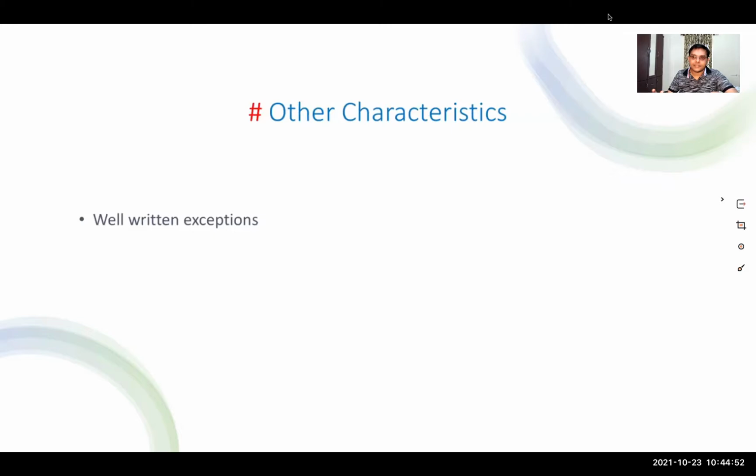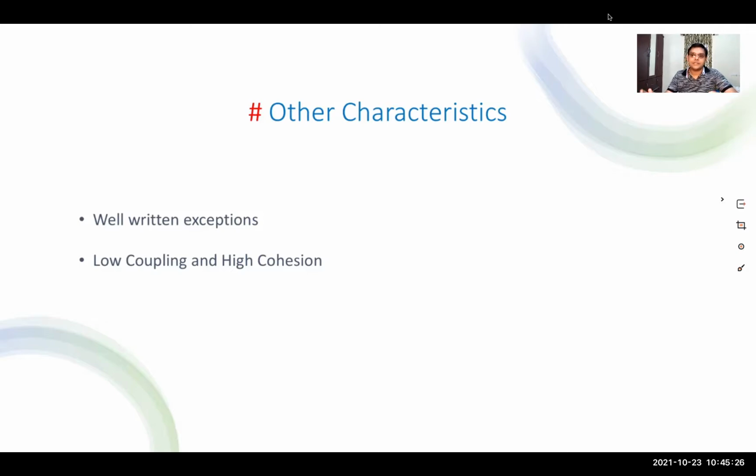Some other characteristics are well-written exceptions, and low coupling and high cohesion. This also we will discuss in the next classes. What is coupling? This requires some explanation. Maybe you have studied this in your degree or your MCA or whatever you have done in computer engineering, maybe in system design, software architecture or software engineering papers.